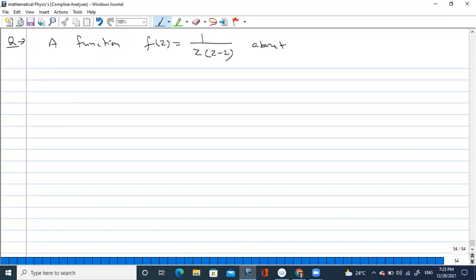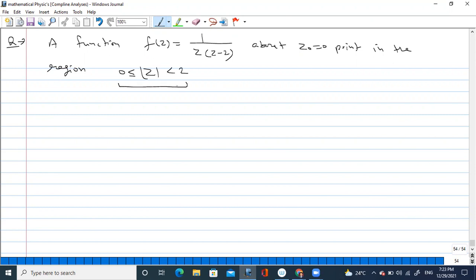Means this function is a series about z0 equal to 0. So this is the origin point only. So about this point, in the region z greater than or equal to 0 and less than 2.